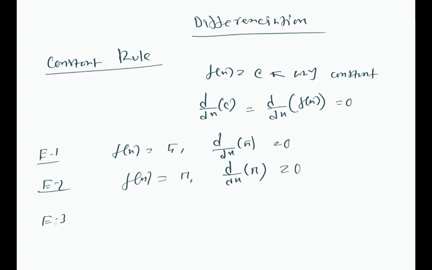Example 3: we have the function 3 pi squared. The derivative d/dx of 3 pi squared: here pi to the power 2 is a number, and when we multiply it with 3, this is also a number. So the derivative of this constant function is actually 0.